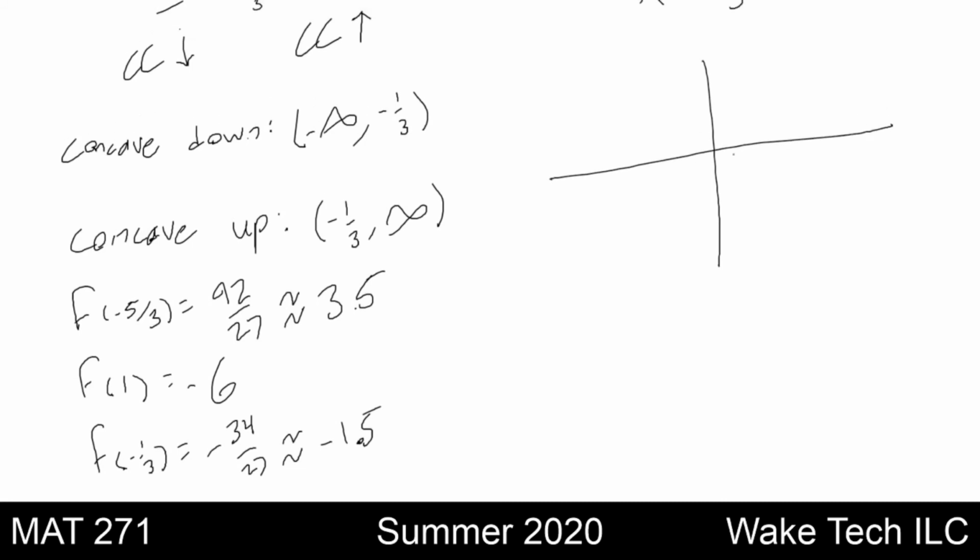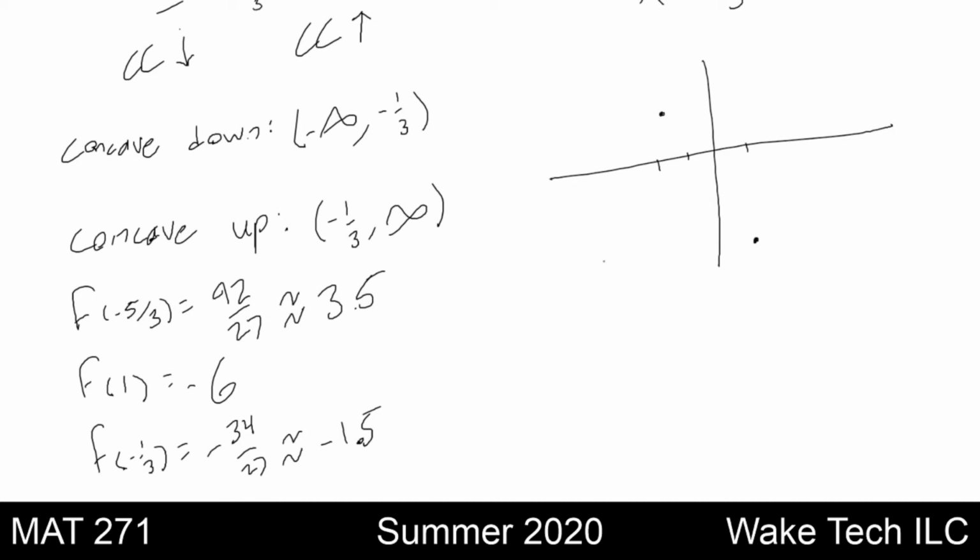That way when I graph it, I see that we have a few points on here. The point 1, negative 6, which is way down here. We have the point negative 5/3, so almost negative 2, and 3.5, so maybe here-ish. Again, we're just sketching the graph.